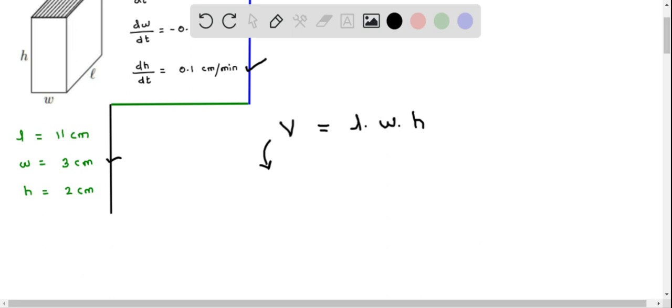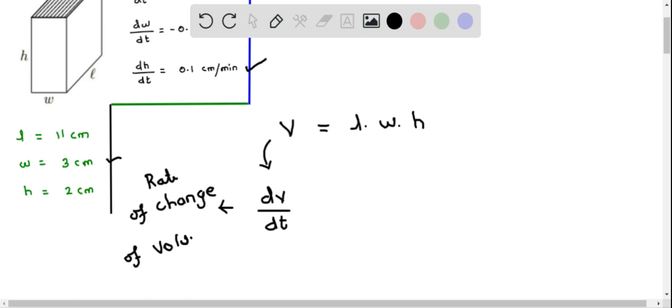So derivative of V with respect to time, we write down this as dV by dt. And this quantity indicates the rate of change of volume. So let's see how to find the derivative of the right side expression.